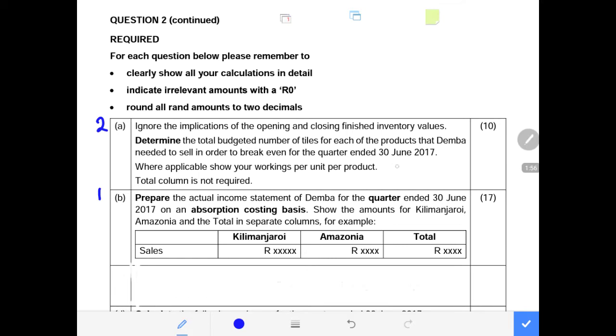Now this is obviously calculating the break-even point in units, and it is very important to highlight it says determine the budgeted number. In the next question, prepare the actual. So this will be based on the actual information, and this will be based on the budgeted information. So it is very important to be mindful of that.